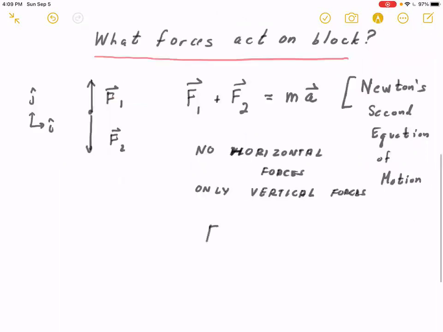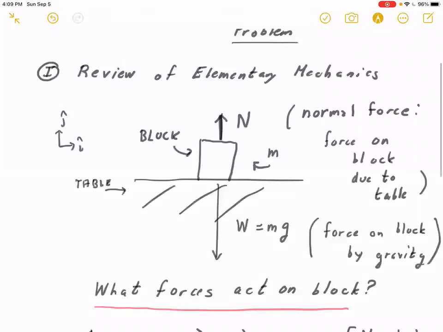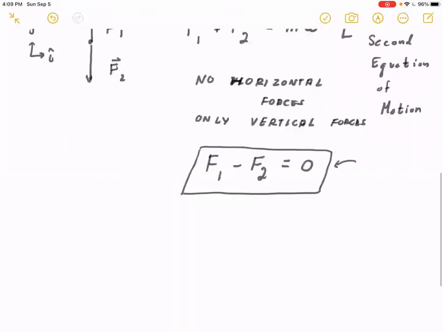So you can resolve this vector equation into its components in the vertical direction, but this mass is at rest. Okay, it's not moving. So there is no acceleration in the j hat direction. The mass is at rest.